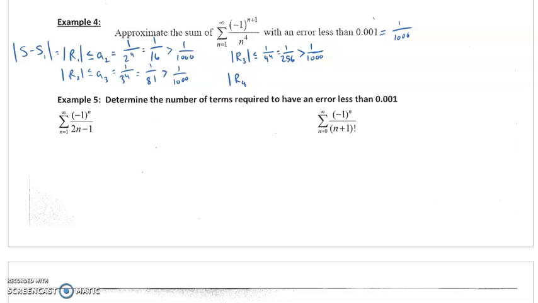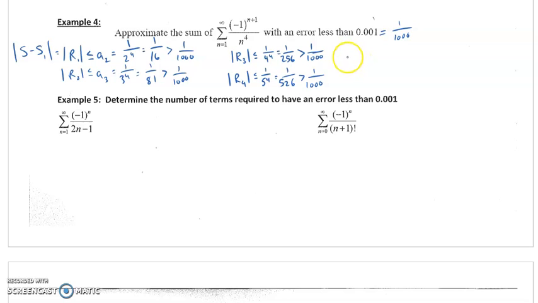R sub 4 is less than or equal to a sub 5, which is 1 over 5 to the 4th. 5 to the 4th is 625. So again, this is an unacceptably large error.